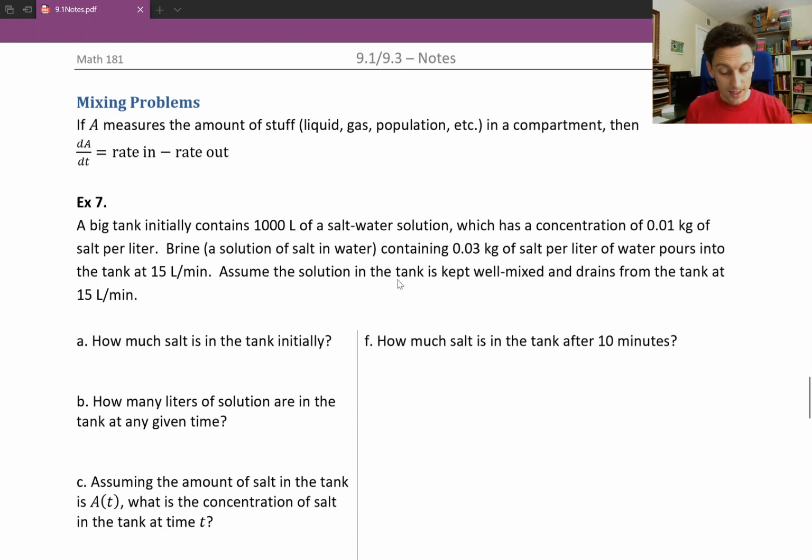Assume that the solution in the tank is kept well mixed and drains from the tank at 15 liters per minute. So notice first off that the flow rate going into the tank is going to be equal to the flow rate going out of the tank. So at any given time there are going to be 1,000 liters of solution inside of the tank.